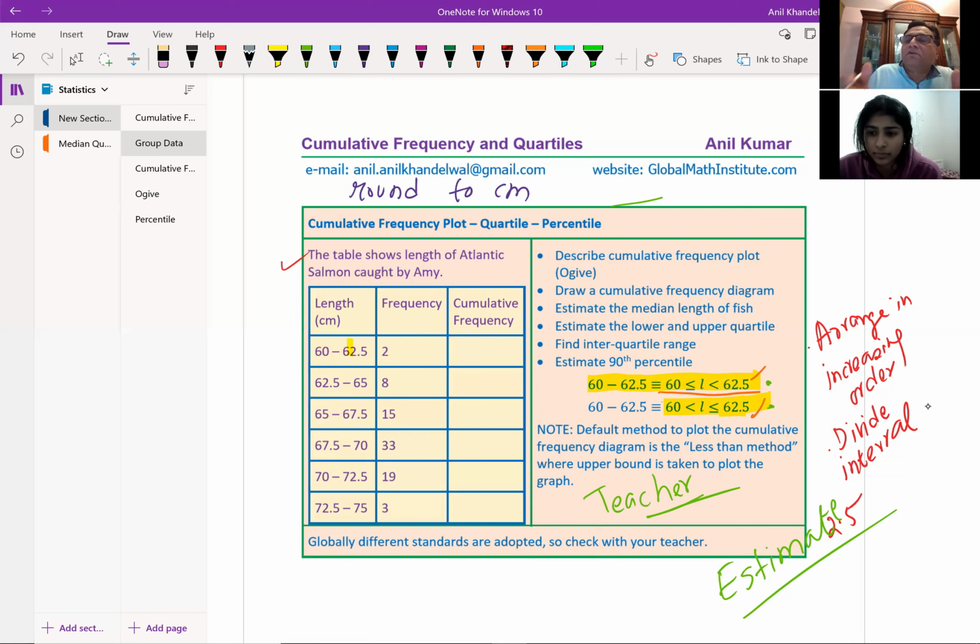The fish length could have been 62.5, but we rounded to 63. And then we made our table. But anyway, two very important things to consider: whenever you work with such groups, you need to understand whether you are following this nomenclature or that nomenclature.